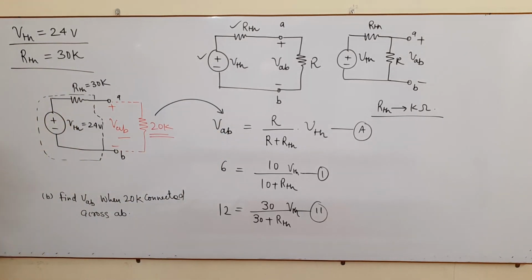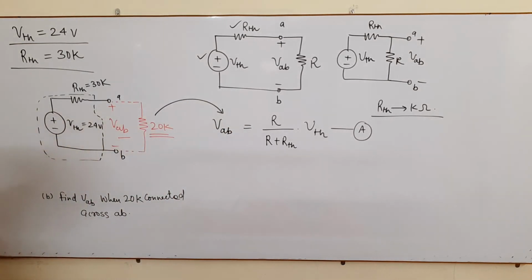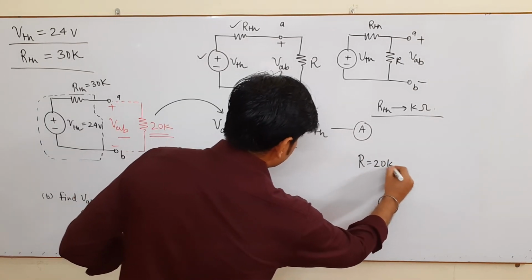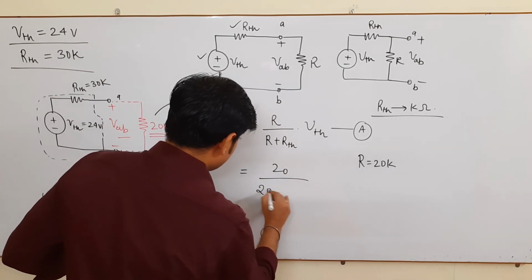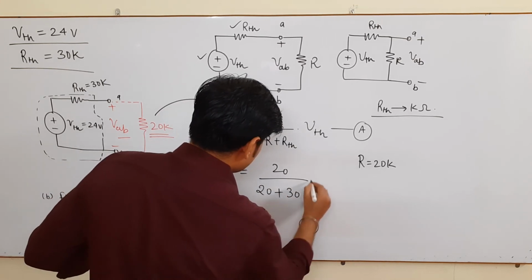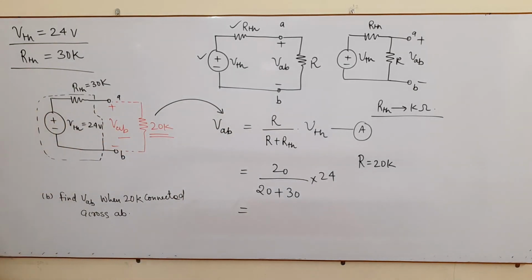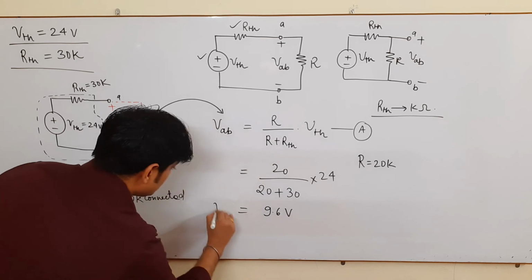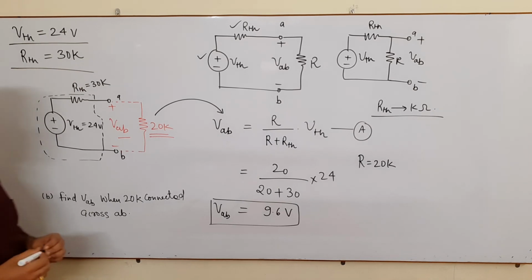Very simple, because now we know the value of VTH and R. The value of R here is 20K. So VAB comes to be 20 upon 20 plus the value of RTH, which is 30, into the value of VTH, which is 24 volt. If you solve it, the value of VAB comes to be 9.6 volt.